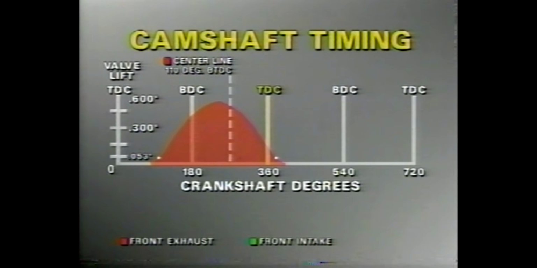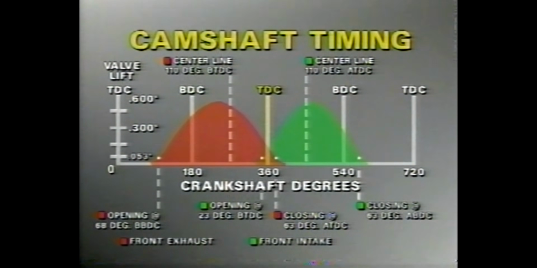This puts the center line of our exhaust valve lobe at 110 degrees before top dead center. In our particular case, the intake and exhaust lobe center lines are symmetrically placed about top dead center. This will not always be the case, due to the many different cam designs and grinds.